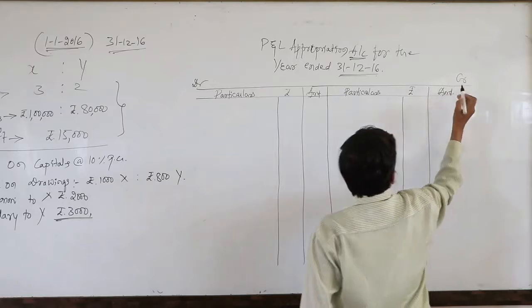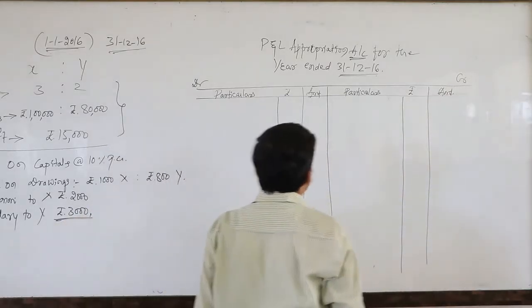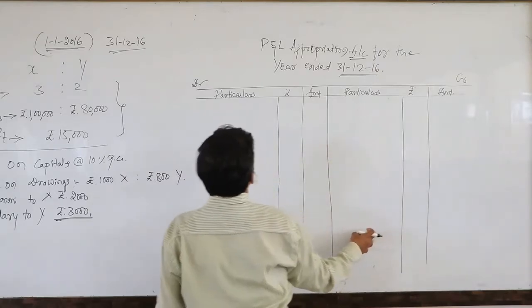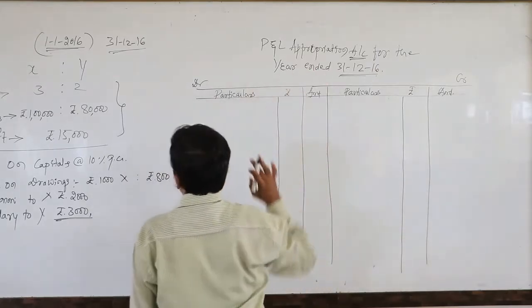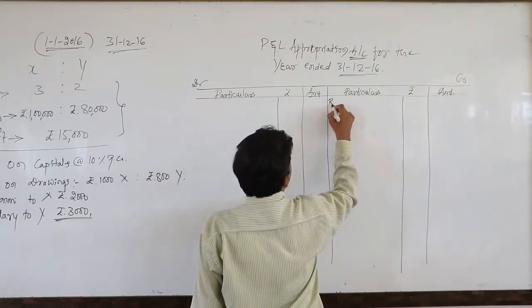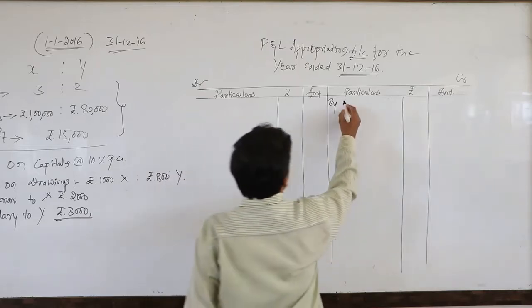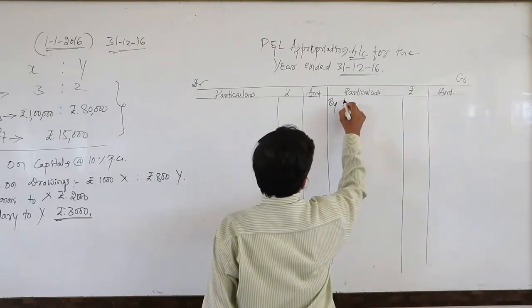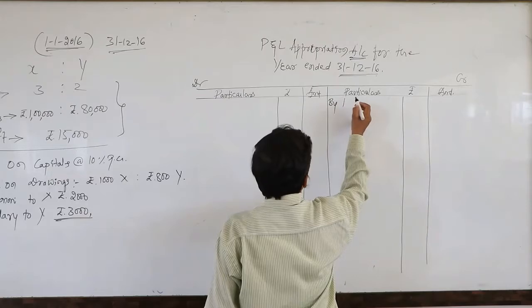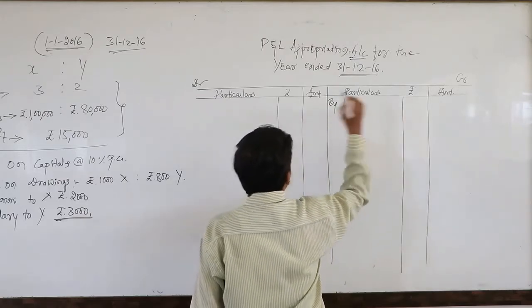One is the inner column and another is the outer column. As I said earlier, the credit side is also a nominal account. On the credit side we write only incomes: by net profit, or by P&L account, or by balance brought down.